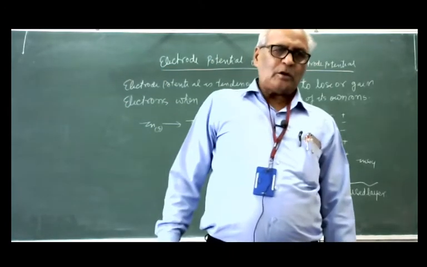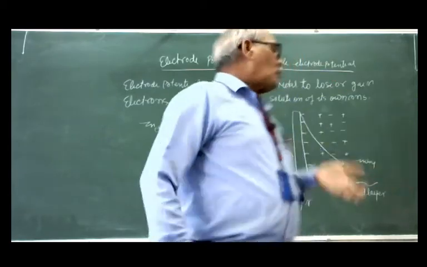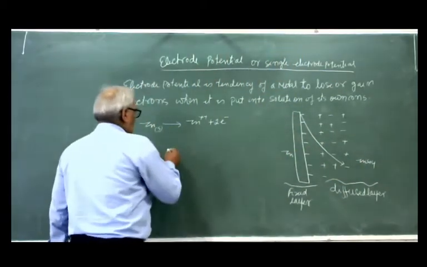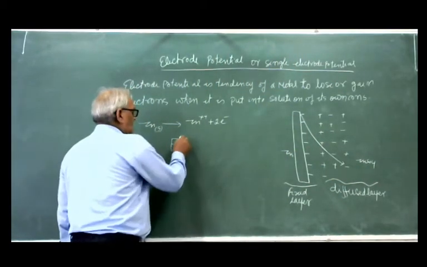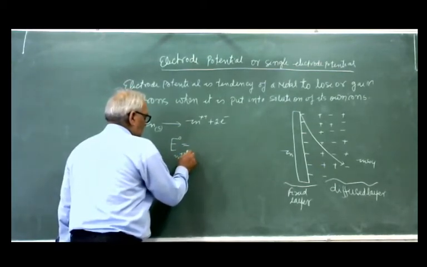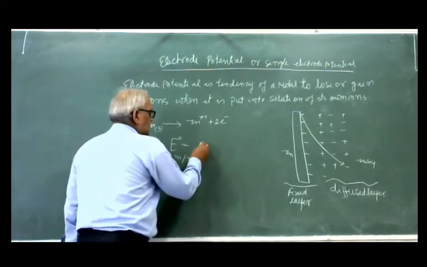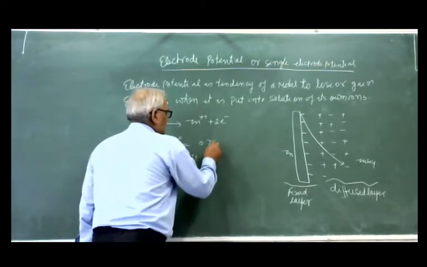So, suppose I say the electrode potential of zinc to zinc ion is 0.76 volt.